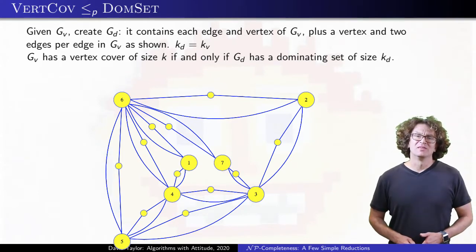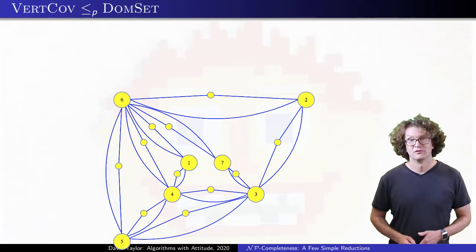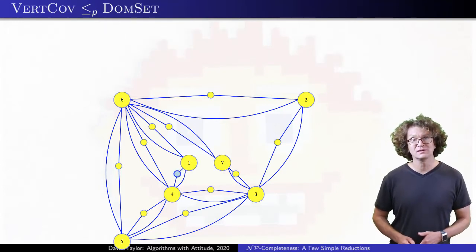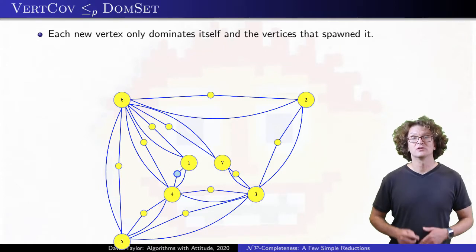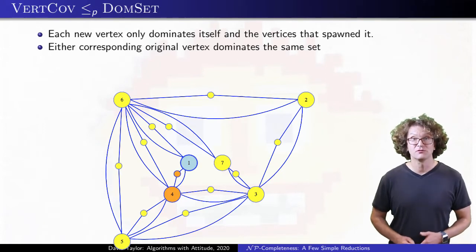Let's think about these new vertices in the new dominating set graph. First, each one only dominates itself and the 2 vertices that created it. So that first vertex we added dominates only itself, 1 and 4. Meanwhile, both 1 and 4 have to dominate those same 3 vertices because by construction, each is adjacent to the other 2.